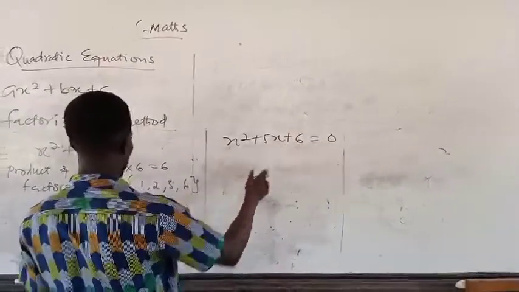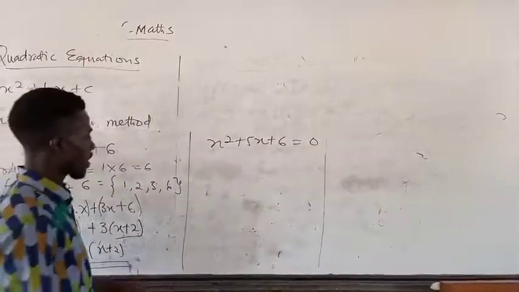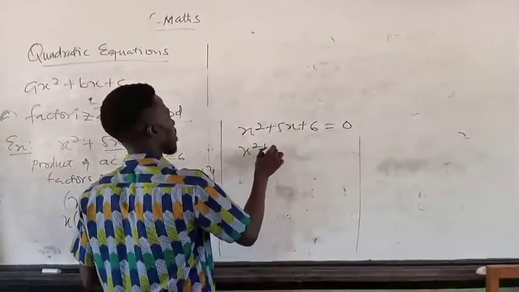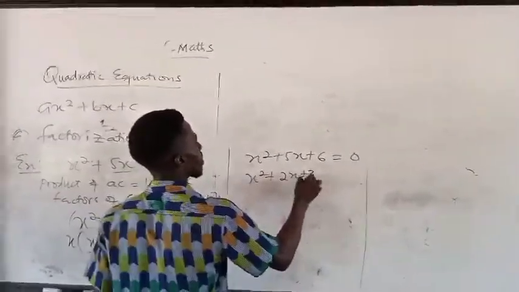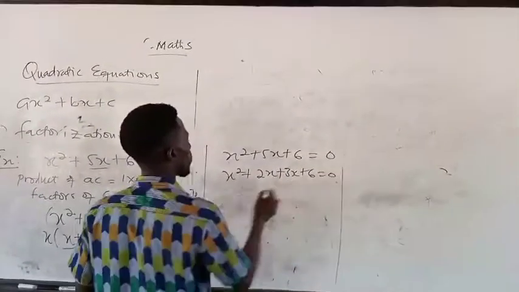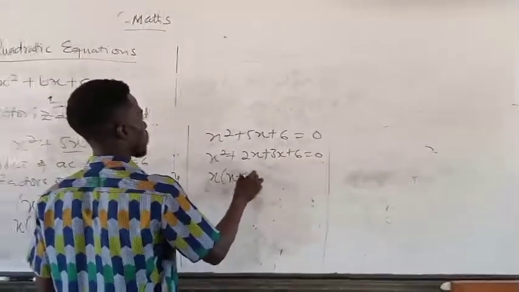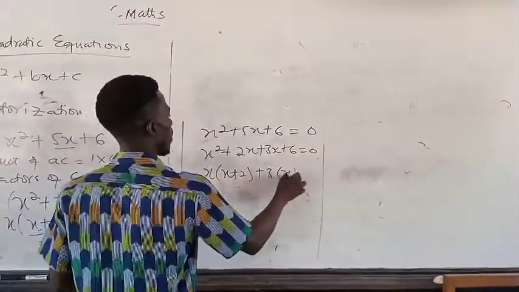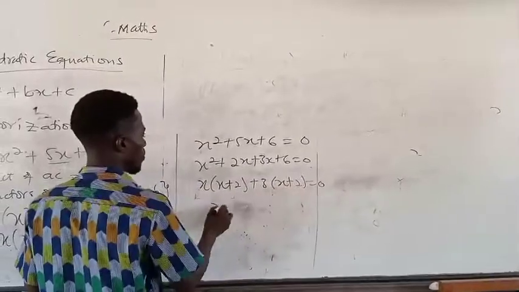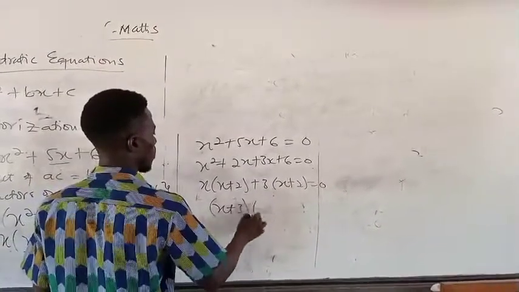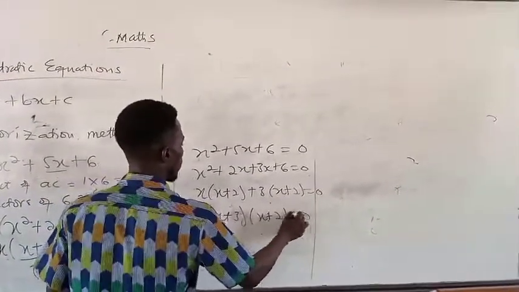And for the factors of 6, we've seen that it's 1, 2, 3, and 6 itself. So you have x squared plus 2x plus 3x plus 6 is equal to 0. You have x(x plus 2) plus 3(x plus 2) equals 0. You have (x plus 3)(x plus 2) equals 0.